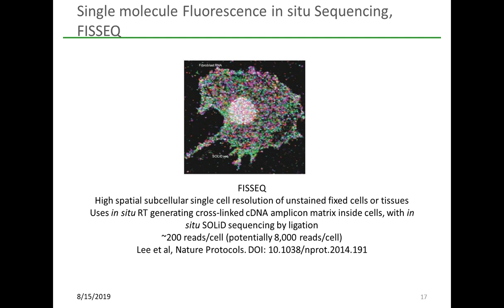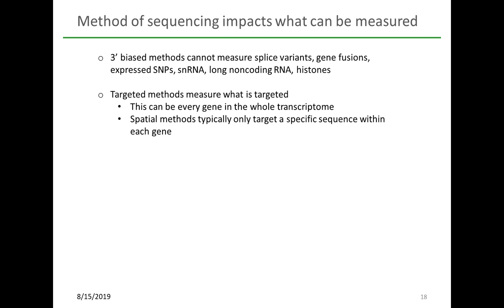And right now, this method is providing about 200 reads per cell. I believe they're working to get this up to around 8,000 reads per cell. So it looks at a few genes, but it's not restricted in what genes. So you can look at any genes, but it's a smaller number because of the depth of reads that one can get out of the system.